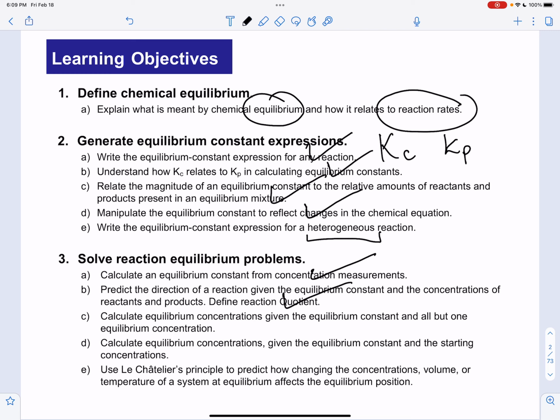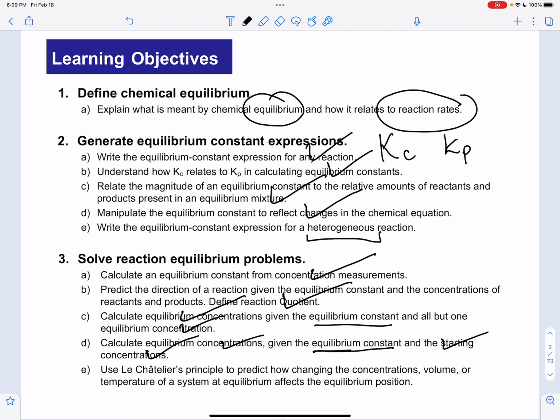And then we're going to learn how to calculate equilibrium concentrations when we're given the equilibrium constant and other concentrations, like a product versus reactants or more than one reactant or something like that. And we're going to see how we're going to calculate equilibrium concentrations given the equilibrium constant and only the beginning concentrations.